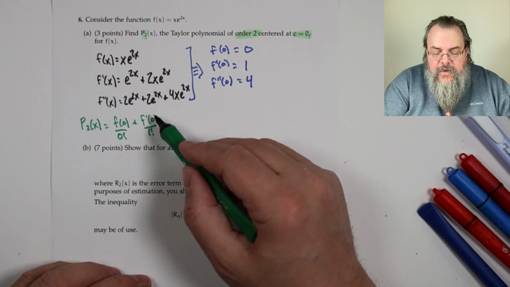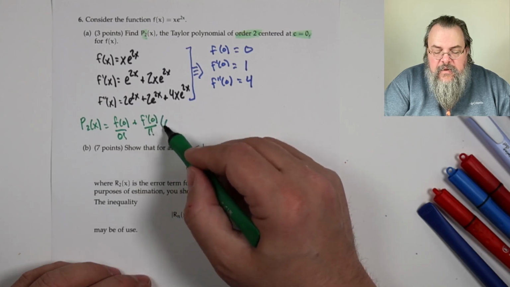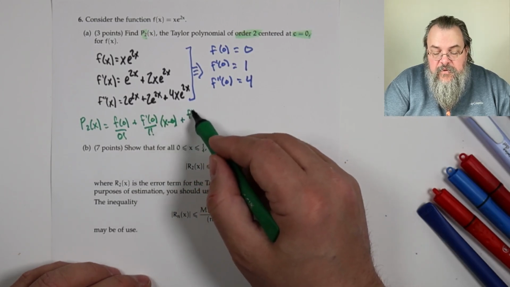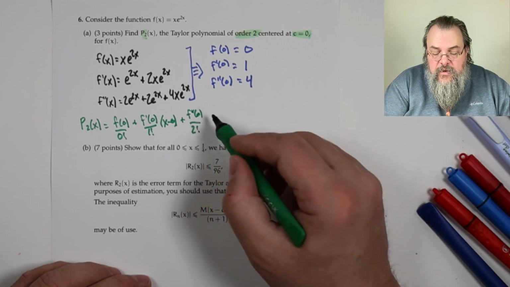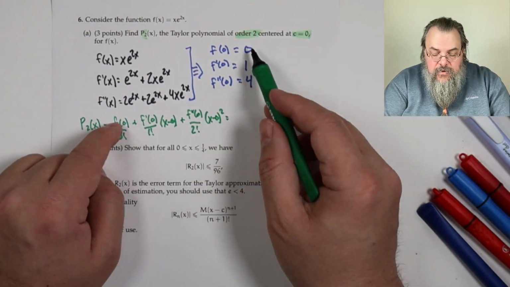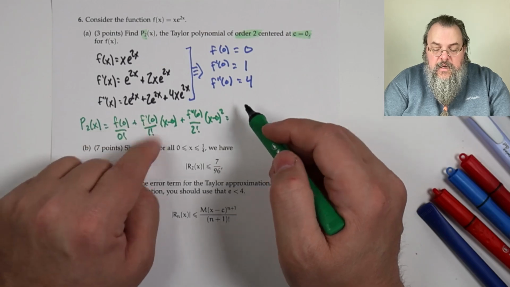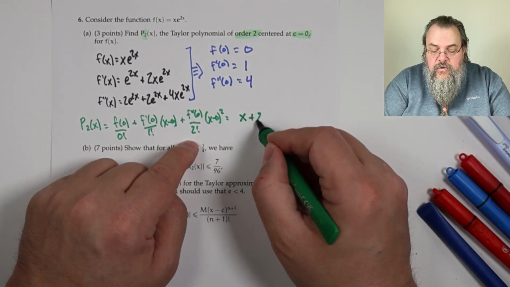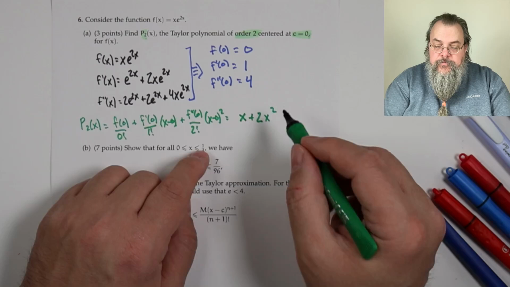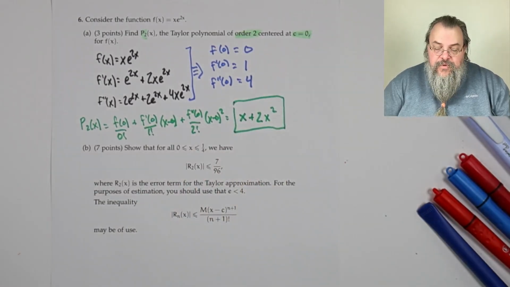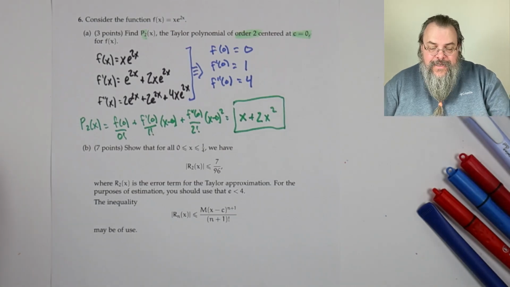It's divided by 0 factorial for the first term, divided by 1 factorial, and it'd be x minus 0 to the 1, and then it'd be f double prime of 0 over 2 factorial times x minus 0 squared. Well, that first term becomes 0. All right, that doesn't do anything. 1 times x, which is x. 4 over 2 is 2x squared. So our function is behaving like x plus 2x squared. And there we go.